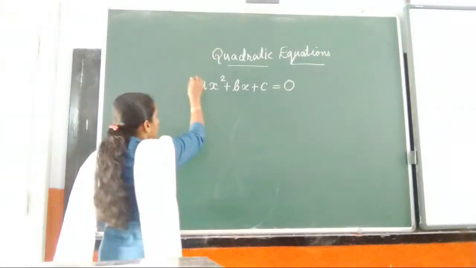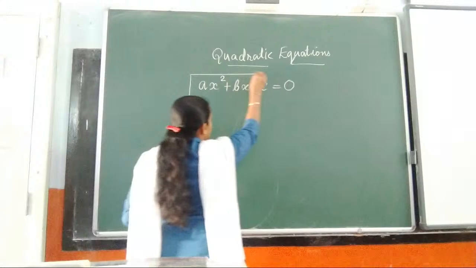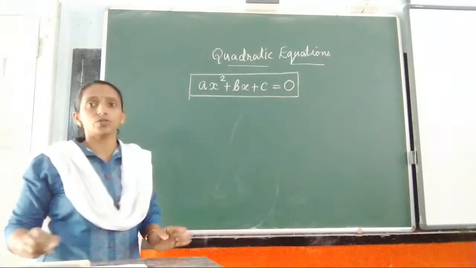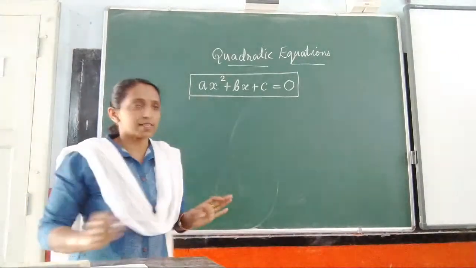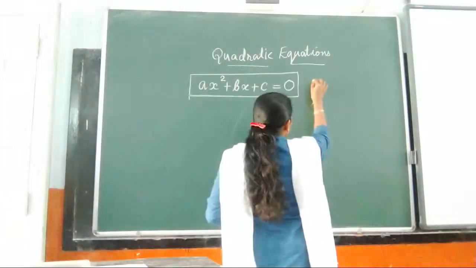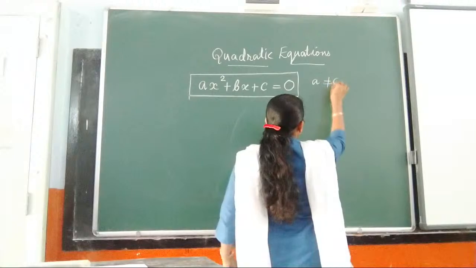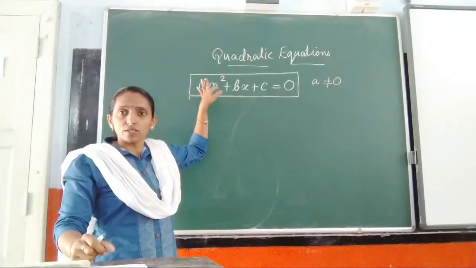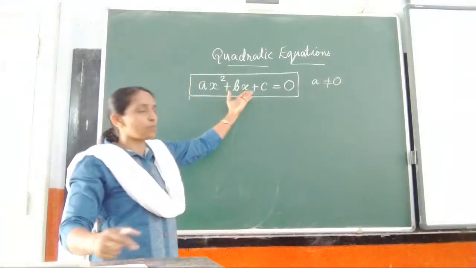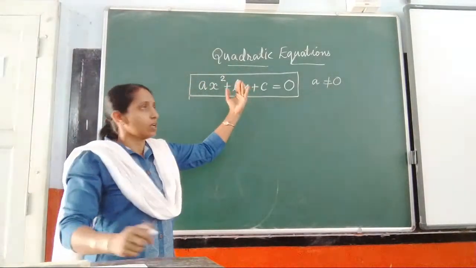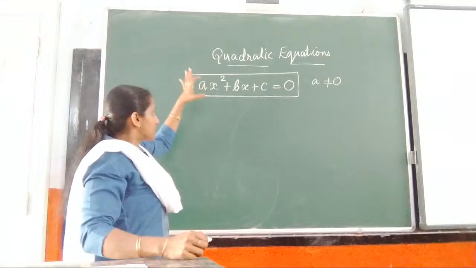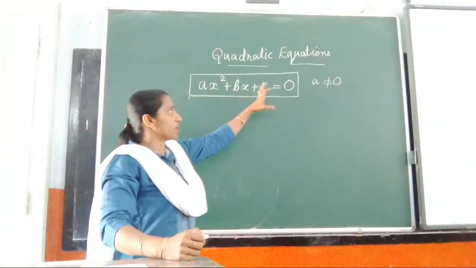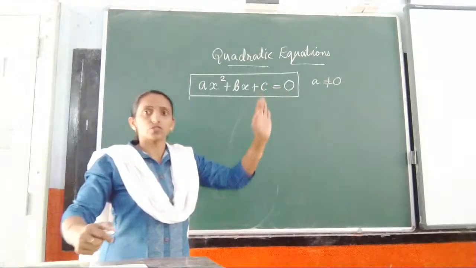The standard form of a quadratic equation is ax square plus bx plus c equal to 0, where a is not equal to 0. If a becomes 0, the whole term becomes 0, and in that case it won't form a quadratic equation.